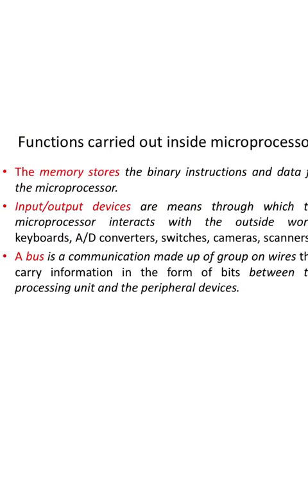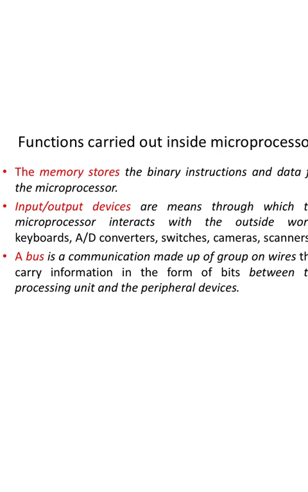So the functions carried out inside the microprocessor. The memory stores the binary instructions and data for the microprocessor. So this is the work, what does the memory do? Input-output devices are the means through which the microprocessor interacts with the outside world: keyboard, A to D converter, switches, cameras, scanners.